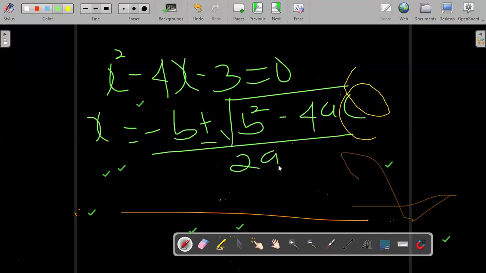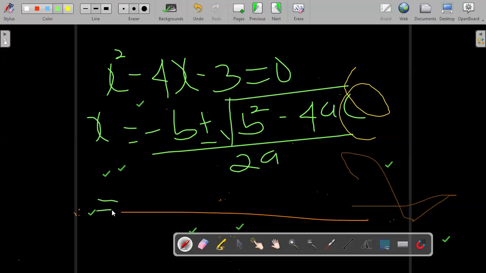So if you compare, just as we have been doing, my b is minus 4, my a is 1, and my c is minus 3. Follow the process.